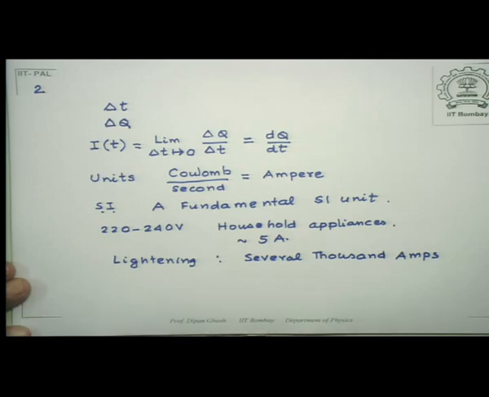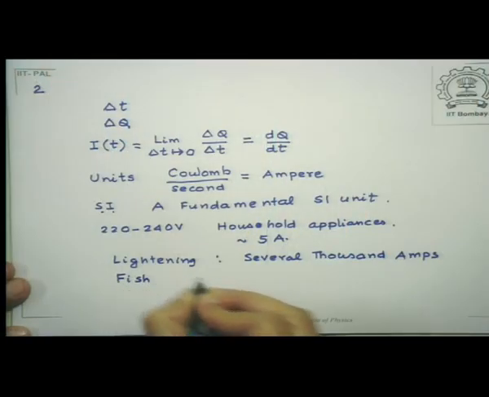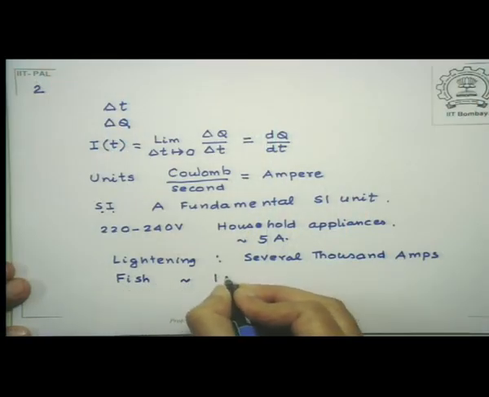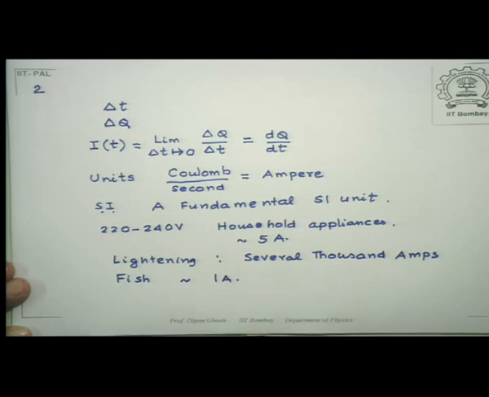Now, on the other side, I talked about certain fish like catfish and eel, which give out electric currents. There, again the natural things, they are typically about an ampere. On the lower end, the human nervous system gives microamperes.